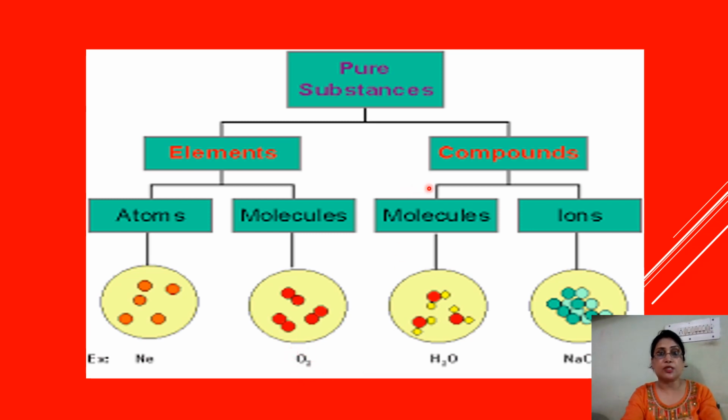Okay, now come to here, this is a compound, this is also a pure substance, and it is just like the example I give of H2O. When the atoms are chemically combined to form a different compound whose characteristics are entirely different from the combining elements, combining atoms. And ions, we will get to know more about it in the next class.